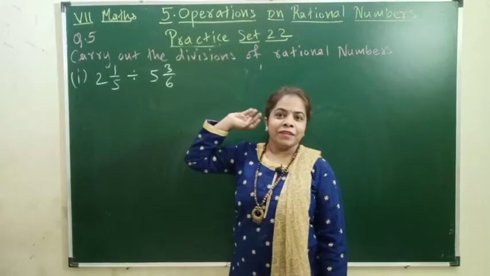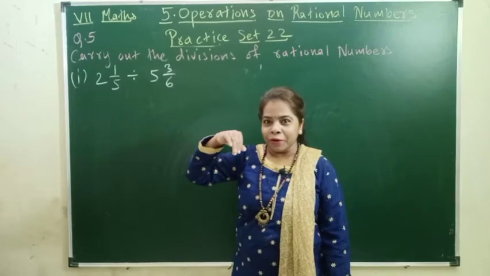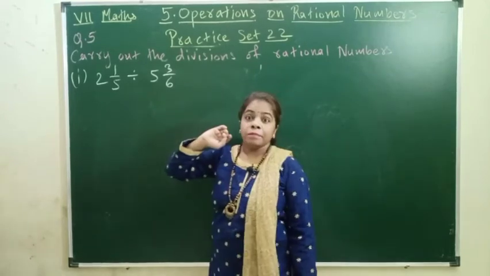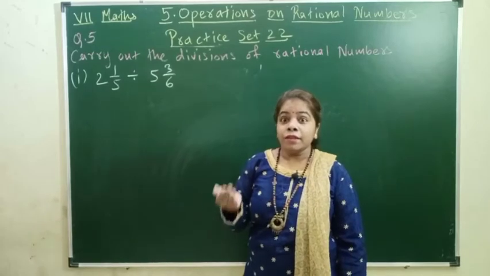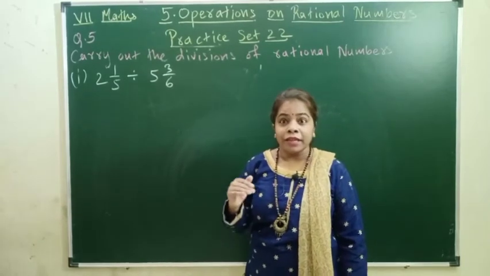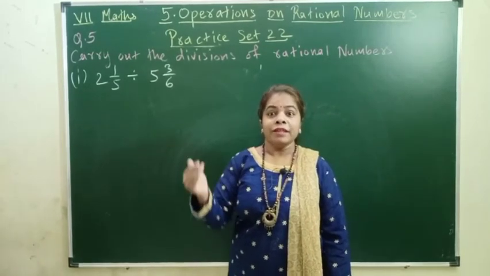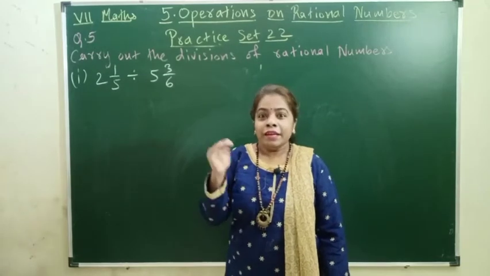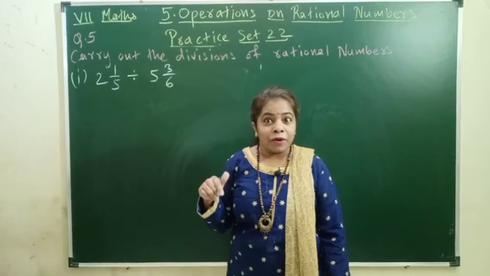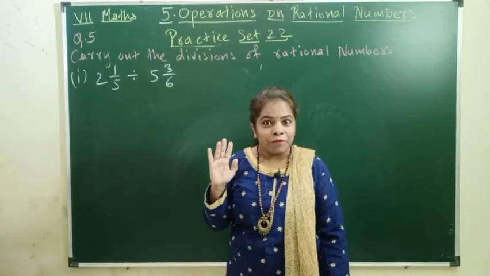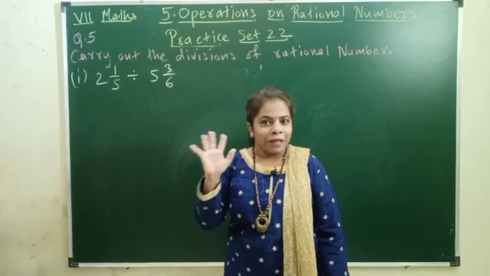Let us begin with the fifth sum in this video. See the sum, it is a mixed fraction. We will first convert the mixed fraction into improper fraction and then we will divide these two fractions. And you know the rule of converting mixed fraction into improper fraction: into plus.